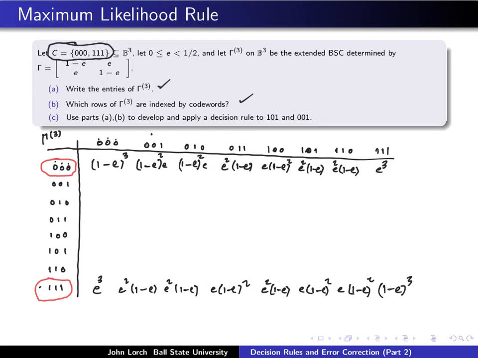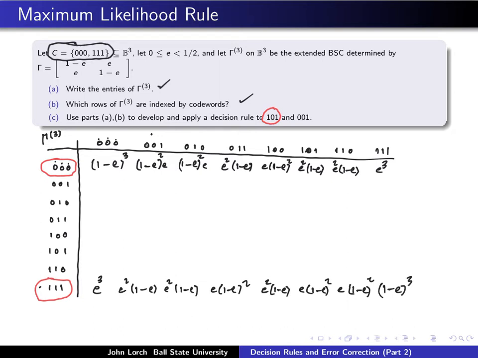Now, finally, we're supposed to use parts A and B to develop and apply a decision rule to these strings 101 and 011. So we're going to imagine now that you are a receiver, and let's suppose you have received this word 101 in transmission, and you know that that came from some code word, and you need to assign a code word to 101.